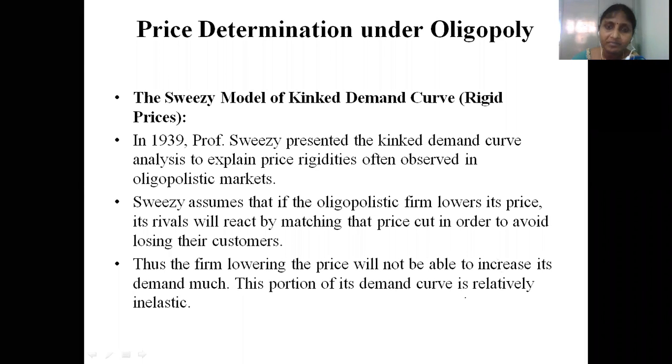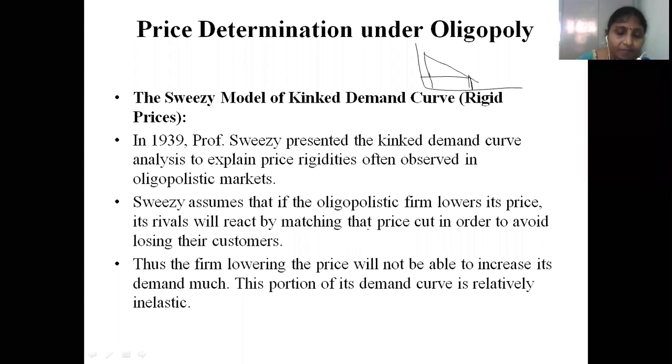See here, the demand curve generally slopes downward to the right. Whenever the price is high, the quantity demanded is less. Whenever the price is reduced, the quantity demanded is more. But in this case, the firm is lowering its price, yet it is not able to increase its demand. Why?